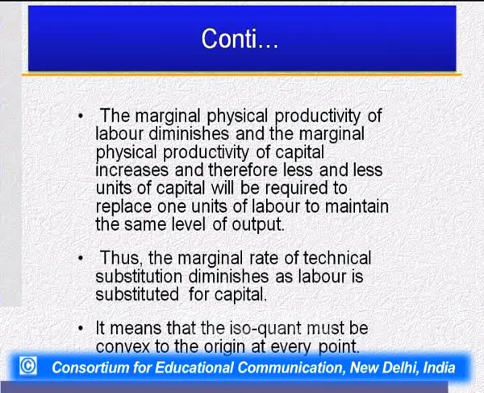It happens accordingly: if you increase one particular factor of production and decrease another factor of production, either you decrease the capital, then the figure drawn will be in the form of a convex curve. So, the isoquant curve must be convex to the origin at every point.